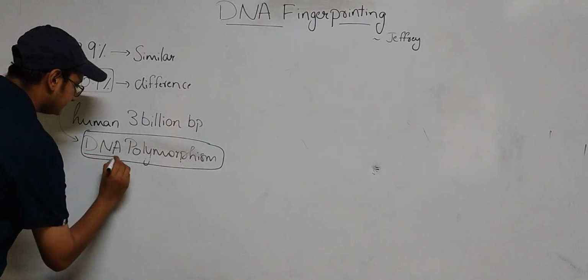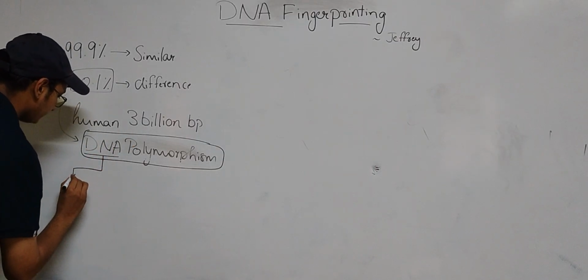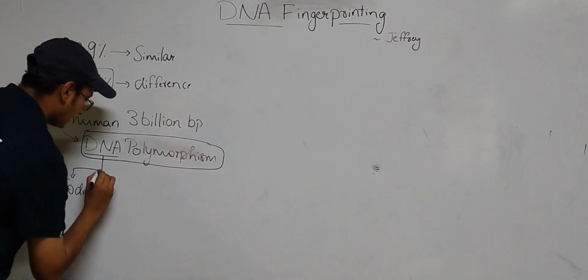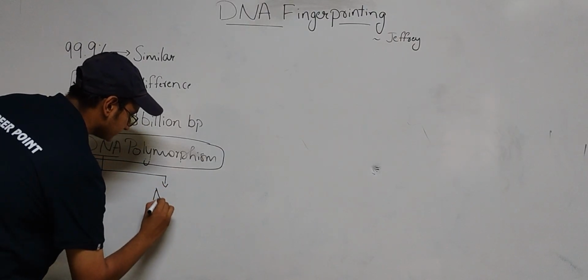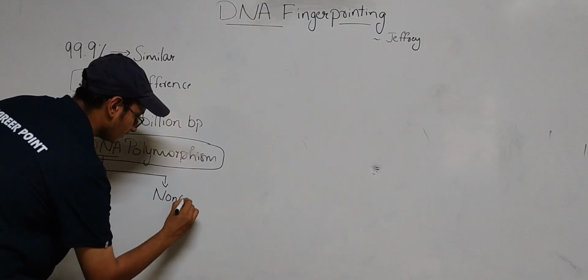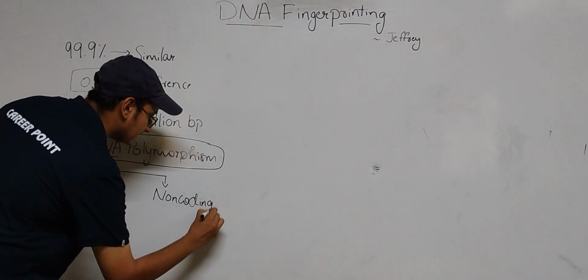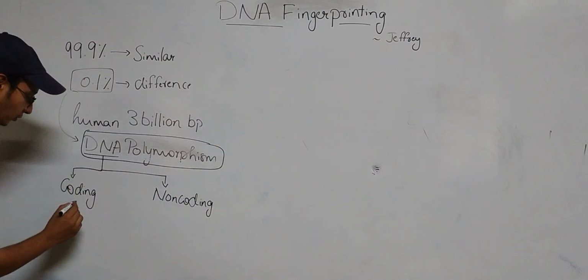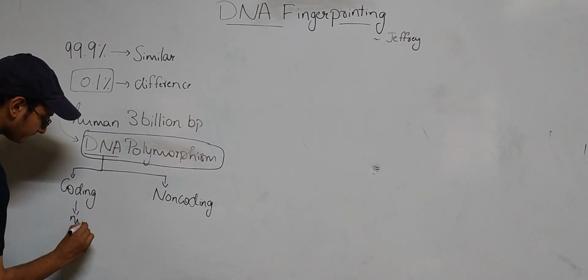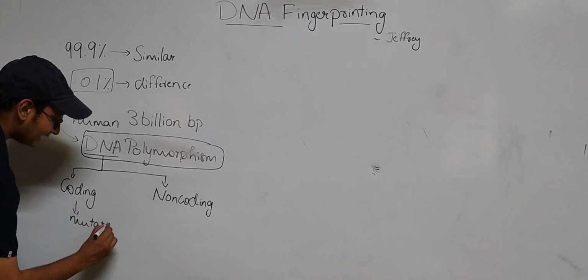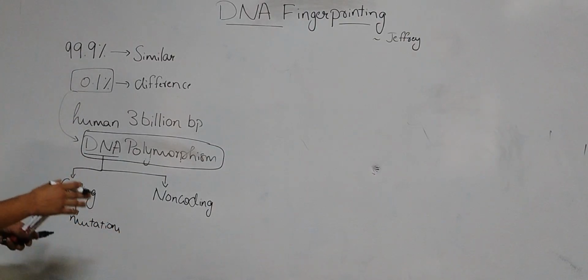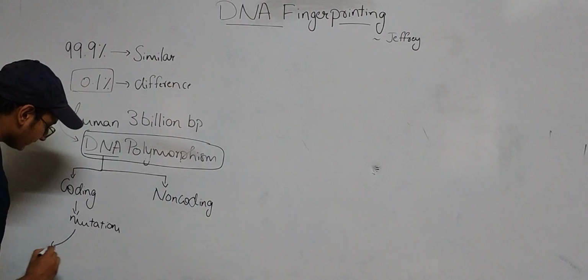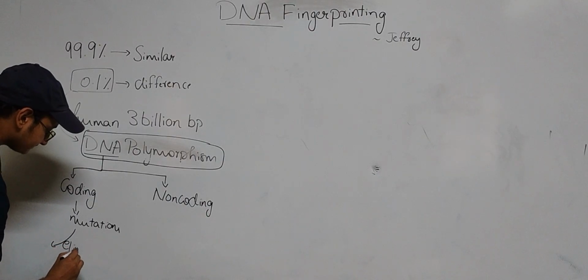If we take this DNA, here we have coding regions and non-coding regions. We are talking about mutations. If a mutation happens in the coding regions, it will be eliminated because it is harmful, so the organism or the species will be eliminated.